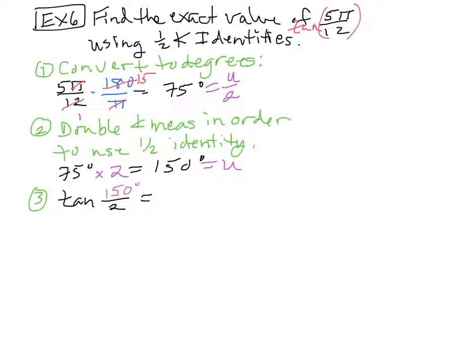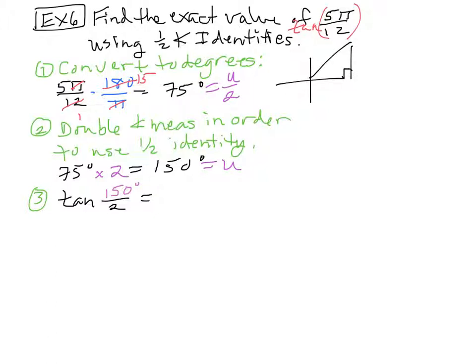but that doesn't mean that the sine of u and the cosine of u are automatically going to be positive ratios, because you have to pay attention to where your double angle is. Over here, my half angle is in what quadrant? What's 75 degrees? That's in quadrant 1.